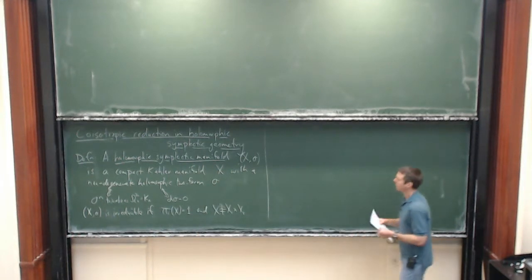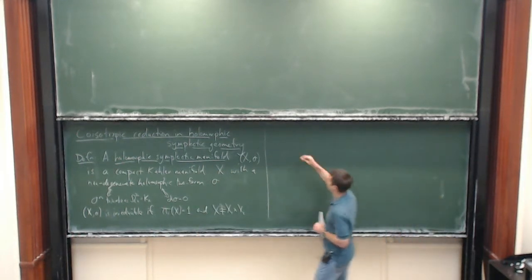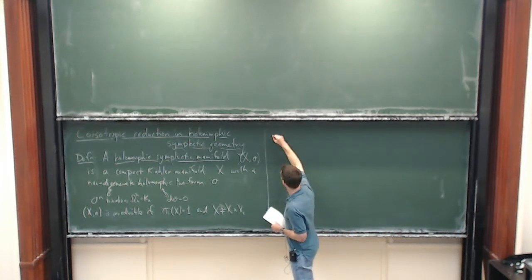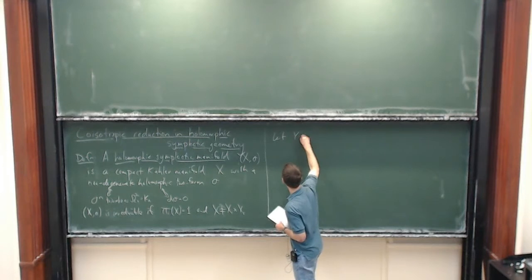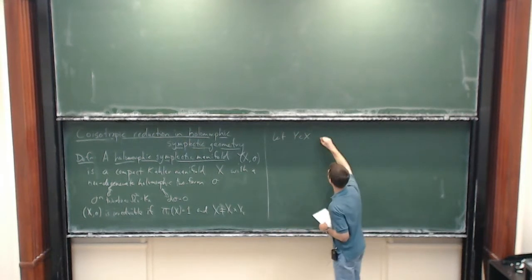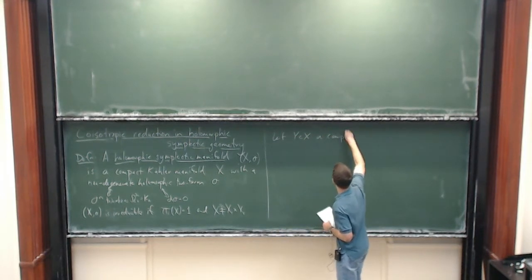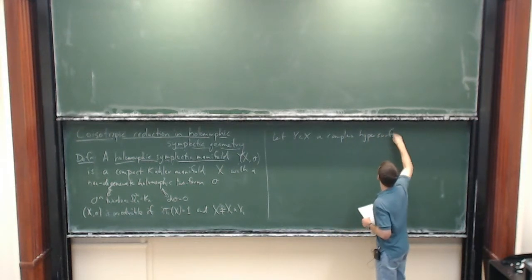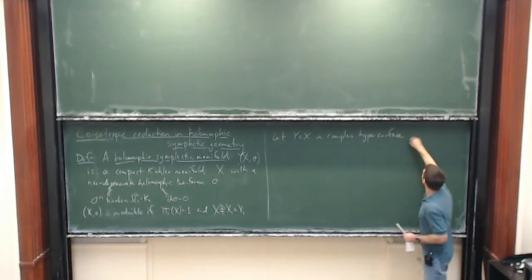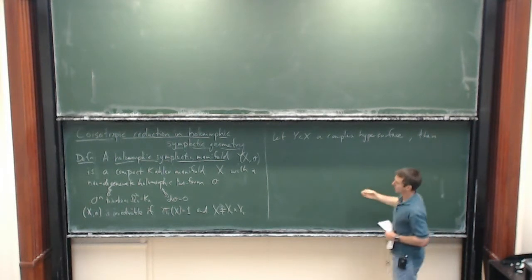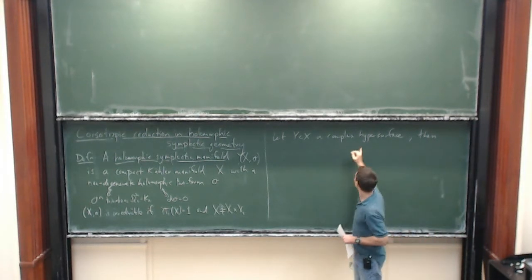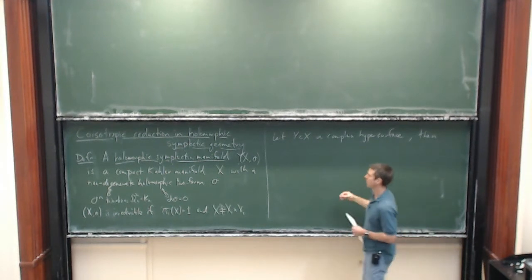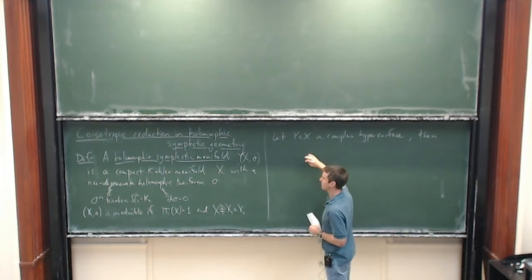And so now what I want to look at is if I take inside here some complex submanifold, or to begin with, let's say we take a complex hypersurface. So then if you restrict the two form to that hypersurface, in general it's not going to be non-degenerate anymore.